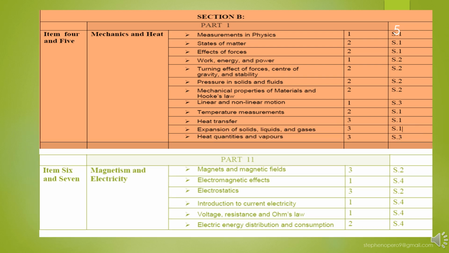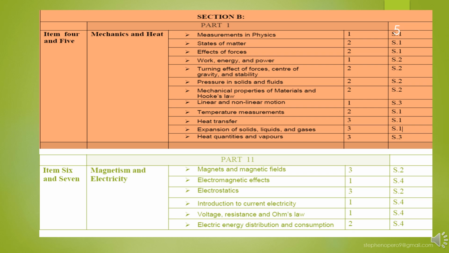So now section B, we agreed we have two parts, part 1 and part 2. For part 1, we shall have two items, of which a learner or the item taker will pick one of them. The two items, that is item number 4 and item number 5. Number 4 is coming from mechanics, and number 5 is coming from heat and heat capacity.